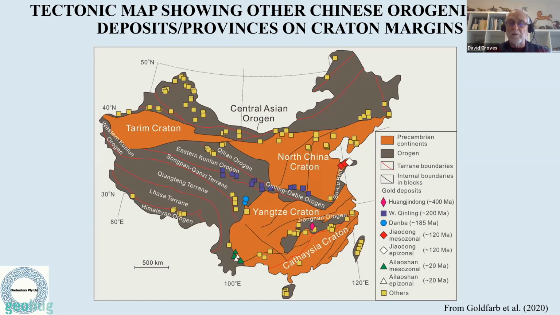Again, you can see from the red where Jiaodong is, and a whole series of others. And most of these, Huan Xinjiang, West Qinling, Damba, Jiaodong, Ailaoshan belt, there is growing evidence that these also are derived from metasomatized lithosphere, not from crustal metamorphism, but that is somewhat debatable.